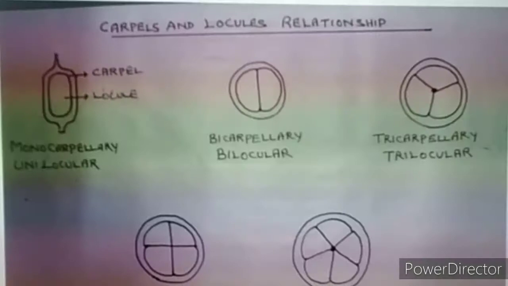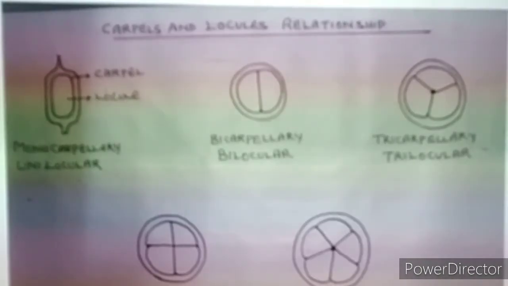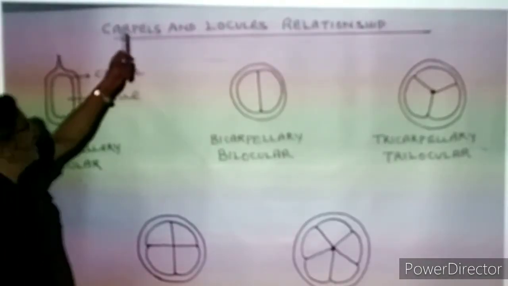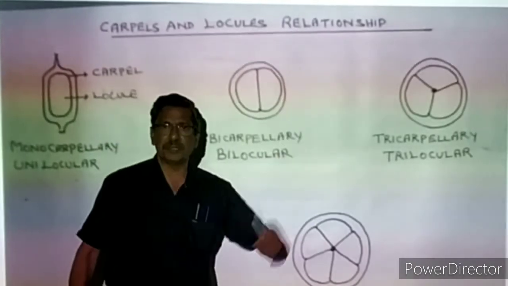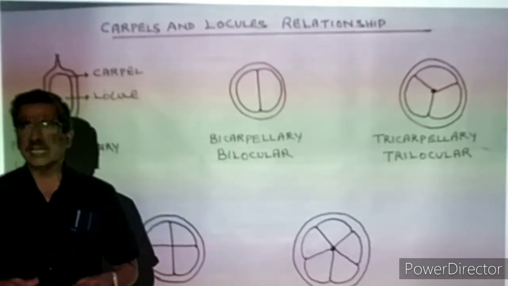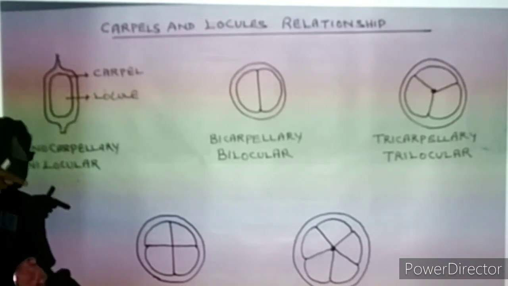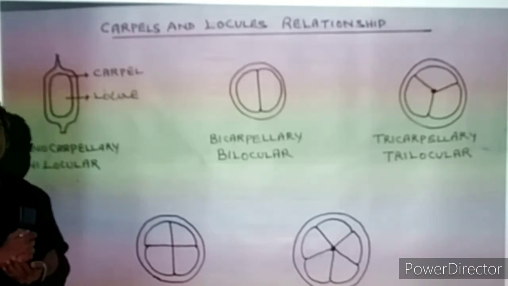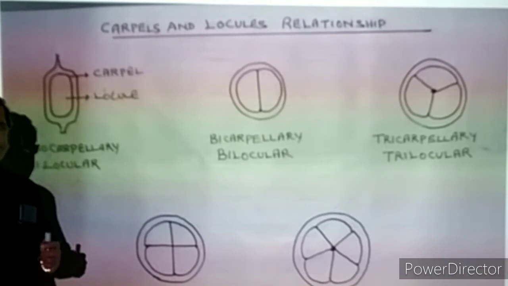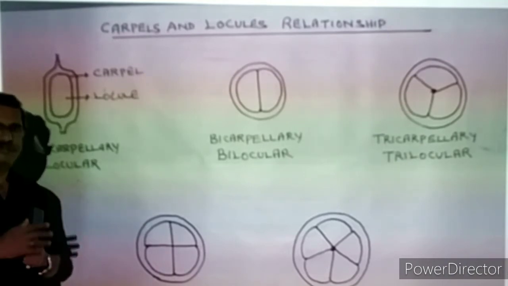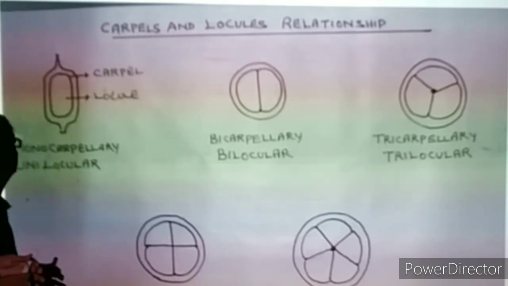Now this is the diagram I have drawn: the carpel and locule relationship. The carpels and locules are related to each other. One carpel encloses one cavity. That is the relationship. One carpel, one cavity. Two carpels, two cavities. Three carpels, three cavities, like that.